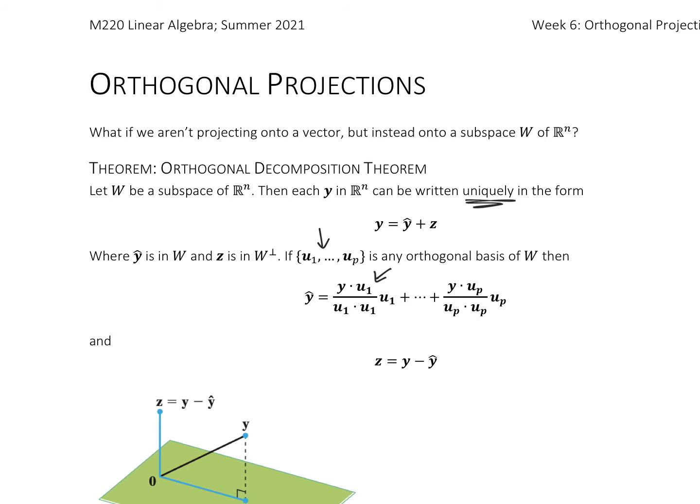So these are the constants that would make up the linear combination, and we add them together and we get our y hat. And then z again is y minus y hat.